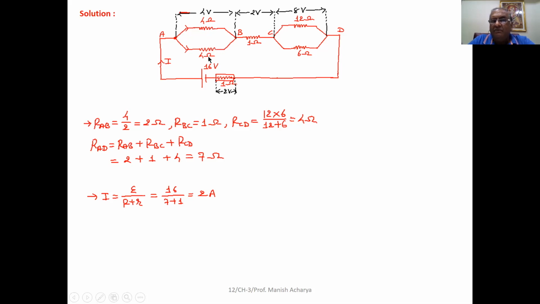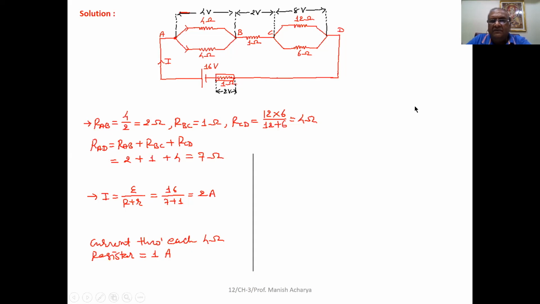Now when the current flowing through both resistors is 1 ampere, the potential difference across both is 4 into 1, so between A and B the potential difference will be 4 volt. Clear to all of you up to this one?